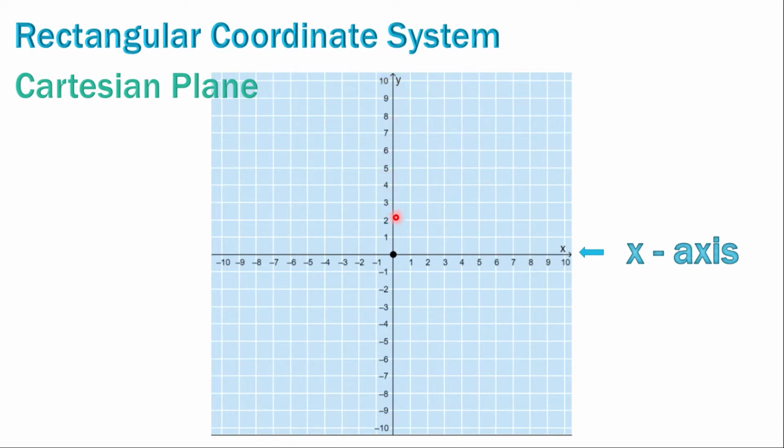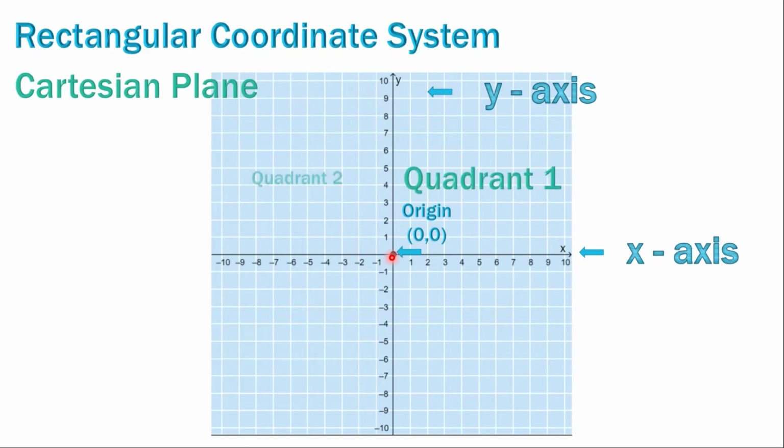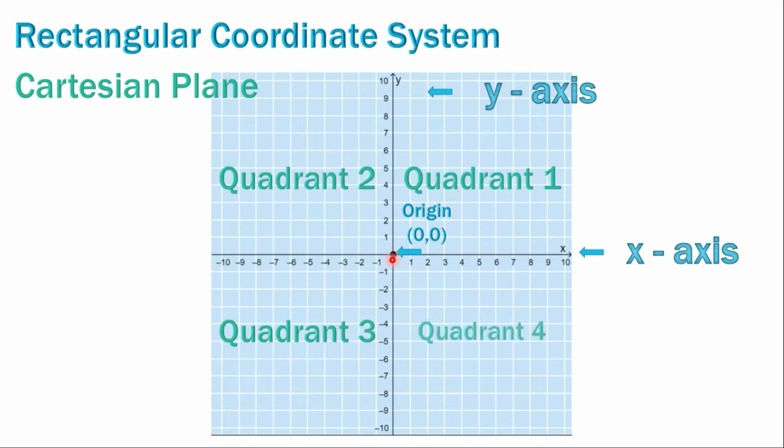While this vertical line is known as the y-axis, nasa taas yung positive, and nasa baba yung negative. So these two lines or two axes intersect at the origin at point 0, 0. So as they intersect, na-divide siya into 4 quadrants. Dito ang quadrant 1, quadrant 2, quadrant 3, and quadrant 4.